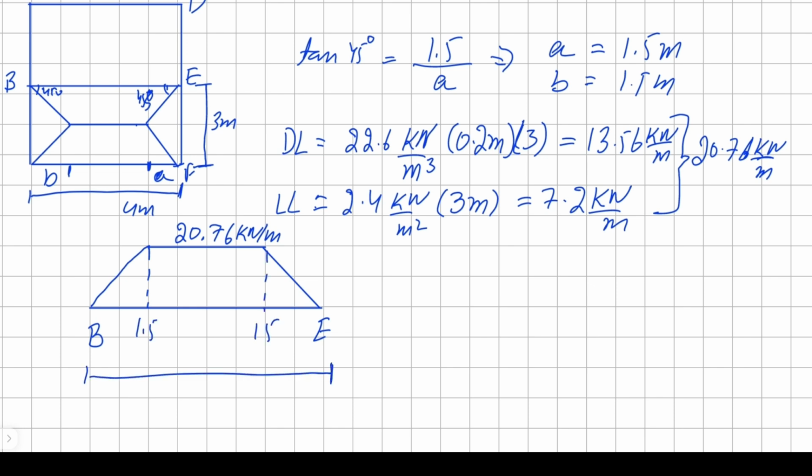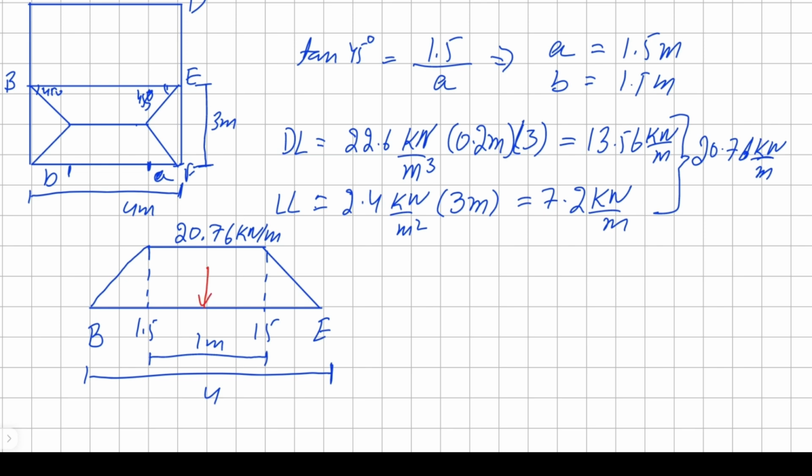The whole length is 4 meters, and this middle point here is 1 meter. Okay, now we can find our point load, which will be here in the center, first of all.